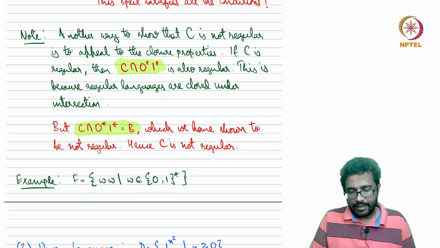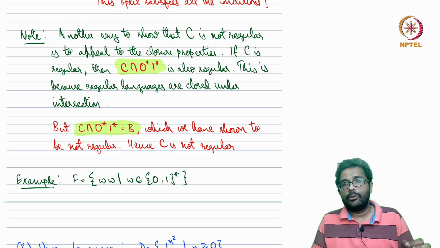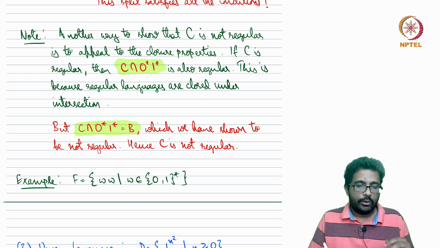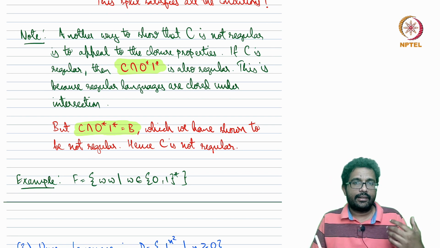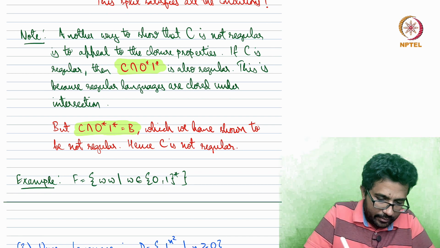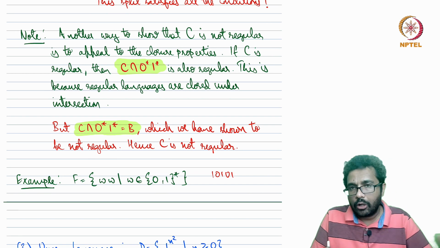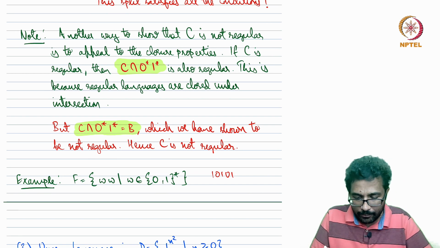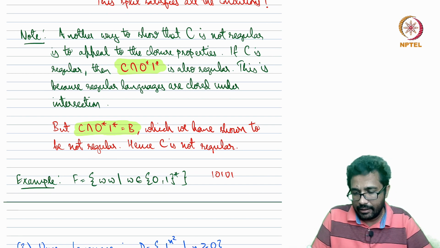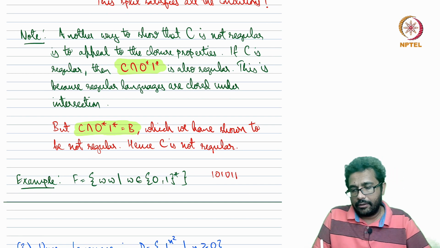So set of all strings which are of the form WW. So basically you should be able to write it as a repeat of 2 strings. So 101 101, this is not of that form. Right? First of all, if it is a repeat, it will have even length, right? Even this is not of that form.